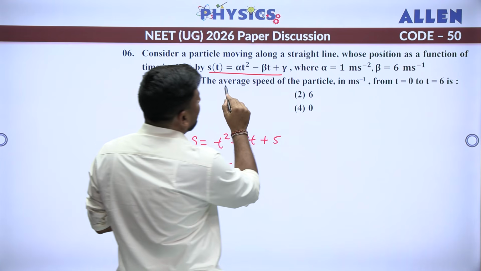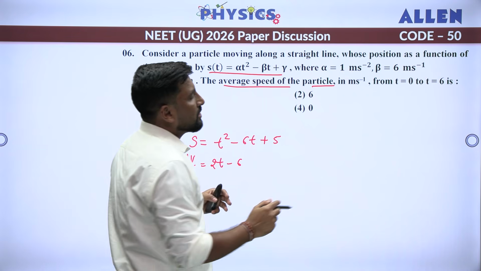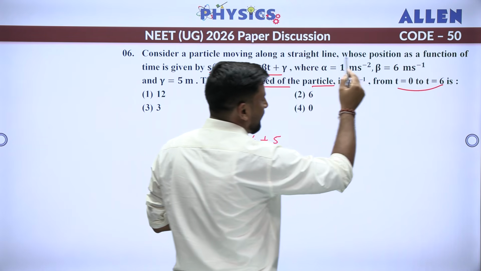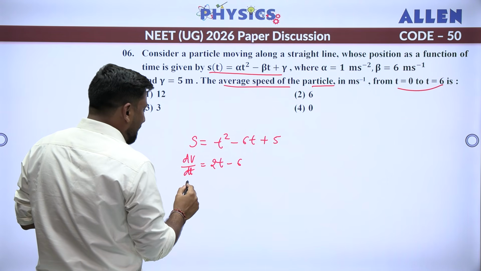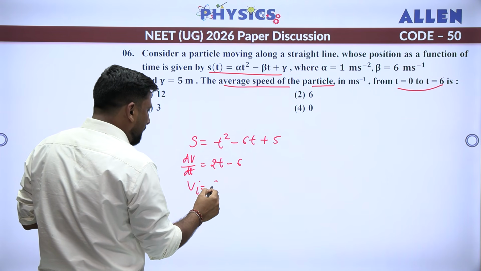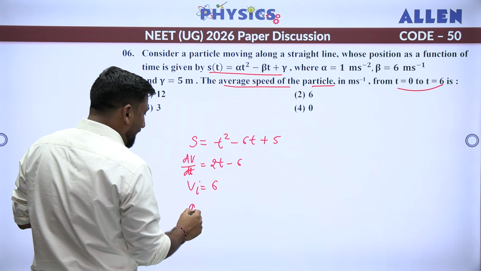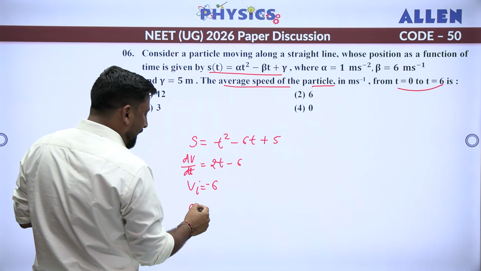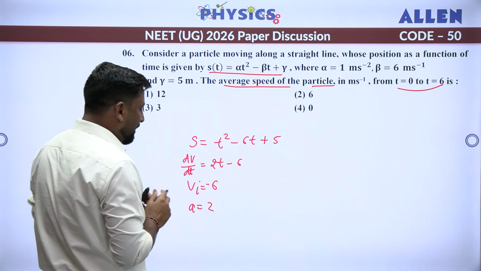They want to find the average speed of the particle. So we have to find the distance traveled by the particle during 6 seconds. One more thing, if you find the initial velocity, then v initial we are going to get as 6 in magnitude, since it is minus 6. And if you differentiate again, you get the acceleration as 2.